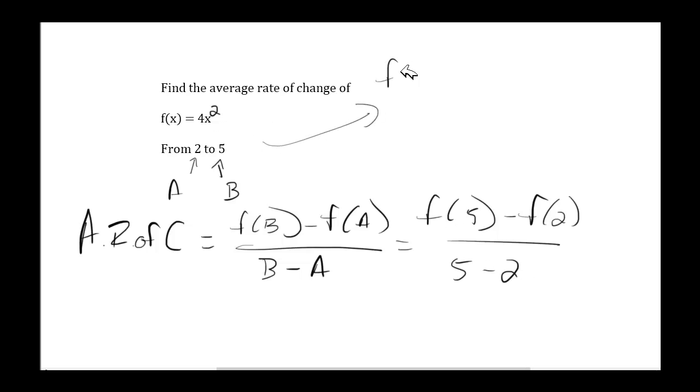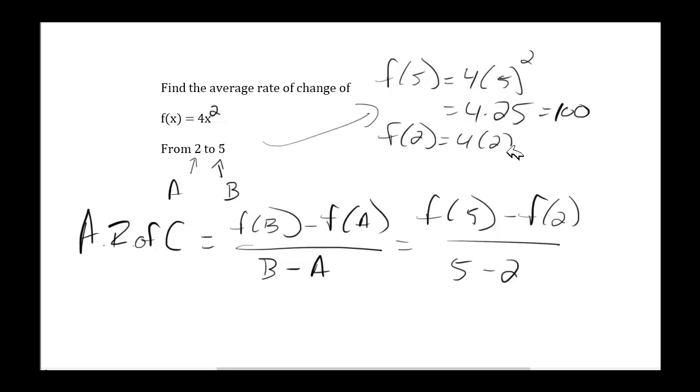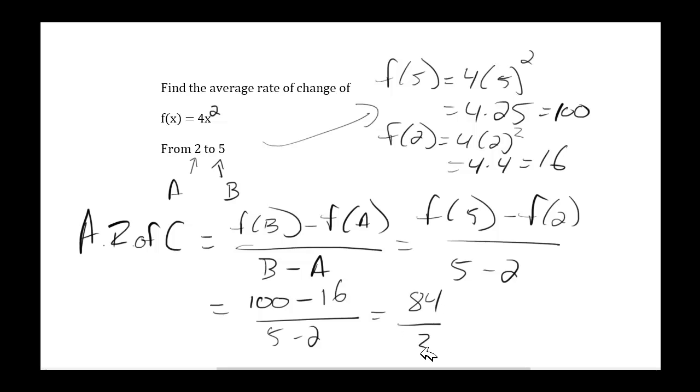So f of 5 is equal to, plug a 5 into the function and see what we get. This is 4 times 25, which is 100. f of 2 is 4 times 2 squared, which is 4 times 4, which is 16. So here my average rate of change is f of 5, which is 100, minus f of 2, which is 16, over 5 minus 2. This looks like 84 over 3. 84 divided by 3 is 28.